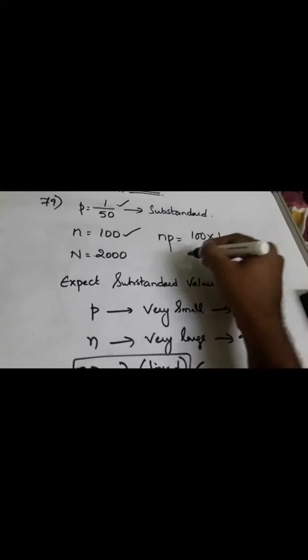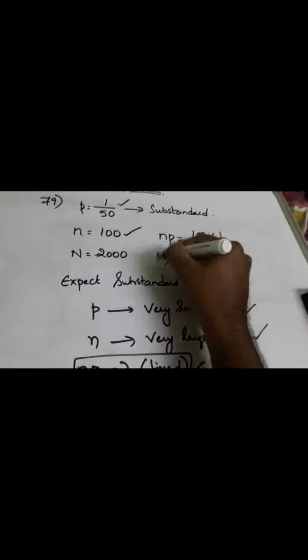So by using this condition, we can take this 1 by 50 as P. This is small, n is large, therefore np, that is 100 into 1 by 50, 2, becomes lambda. Now using this, we have to calculate a Poisson distribution problem.